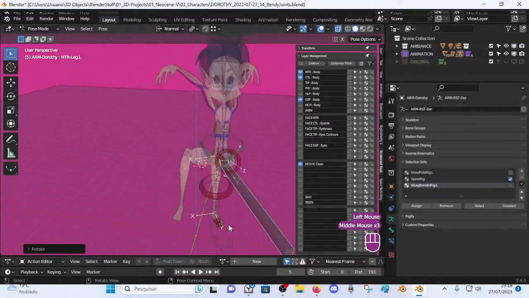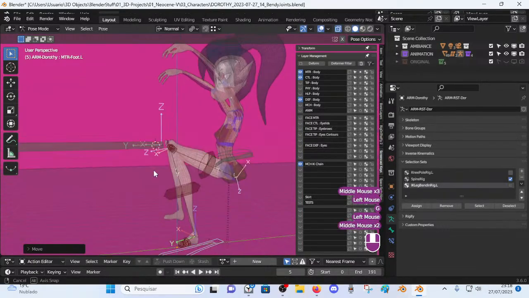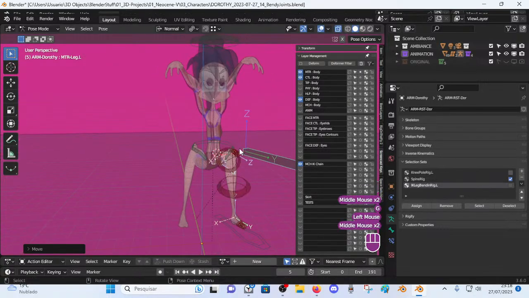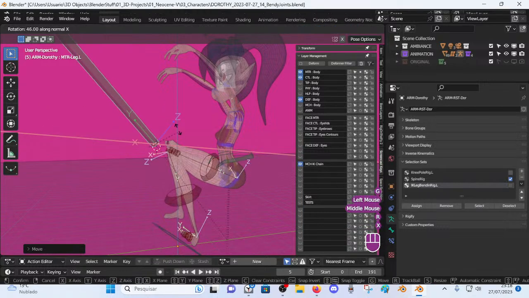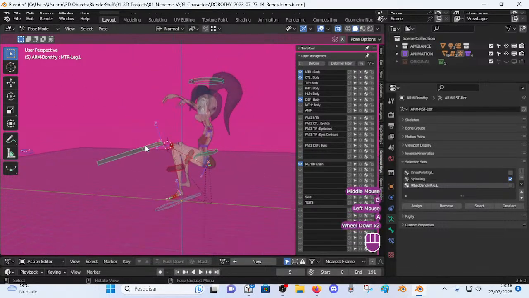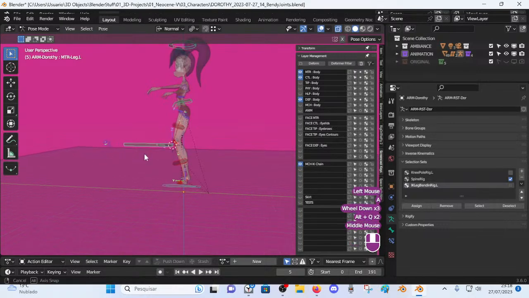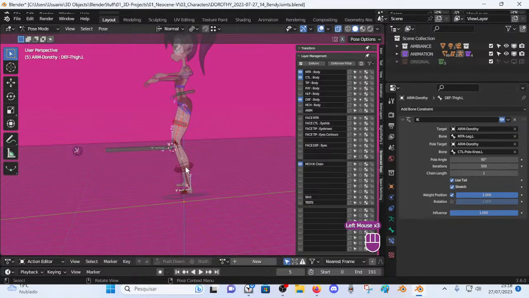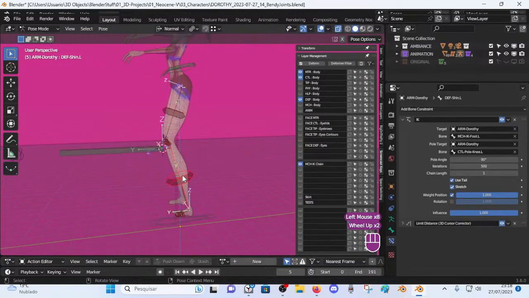But what interests me is this region. So here there's lots of problems happening, and I need to check my pole target. Are they using the same or another pole target in this case? The same pole target.